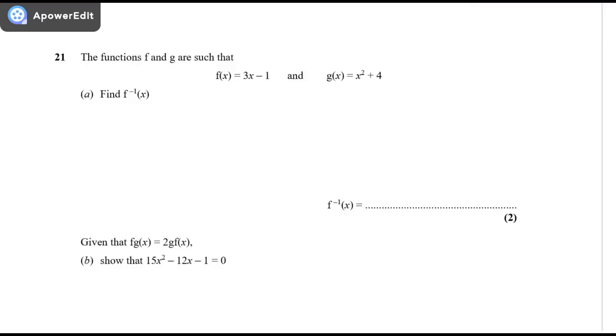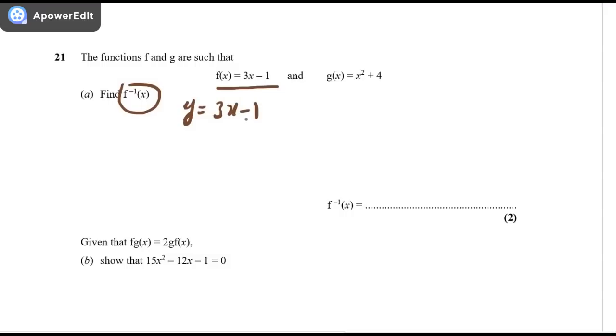Okay, to do these questions, the f of x is given, which is 3x minus 1, so we're going to find the inverse function of x here. There's a different way to do this question. First, whatever the question has given, let's say y is equal to 3x minus 1, then we're going to make x the subject, which means we need to make x alone.